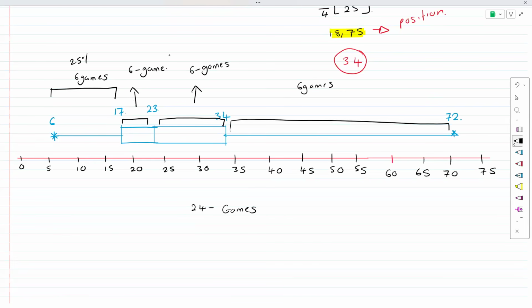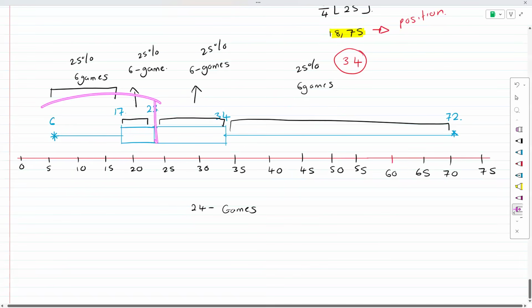So 25%, 25%, 25%, 25%. Now, what percent did they score less than 23? 23 is here. Less than 23 should be there.